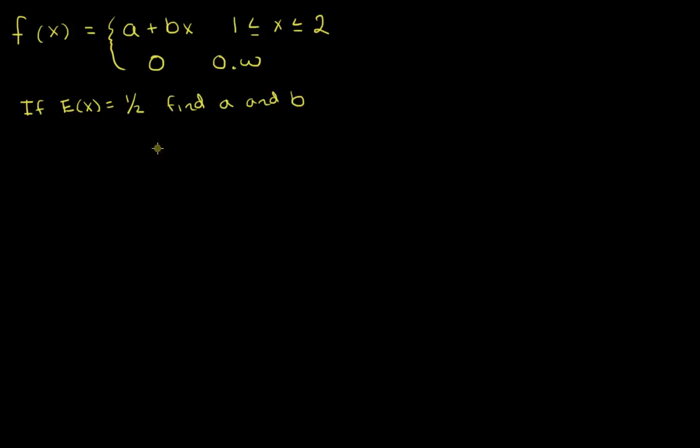So the trick to this type of problem: first you need to recognize that you have two unknowns, so there must be two equations that you do know. If you have two unknowns, then you need two equations, and then you can solve for the two unknowns. The first thing that you know is this is a PDF.